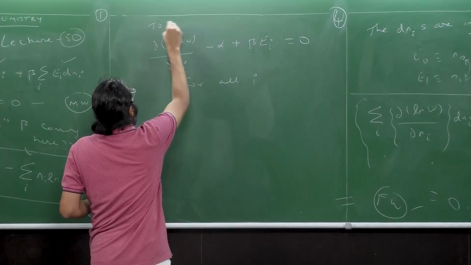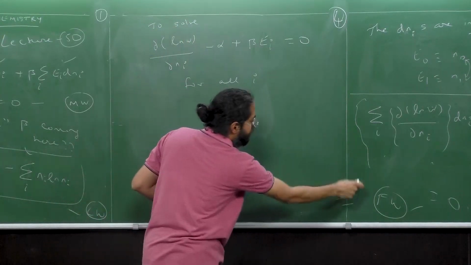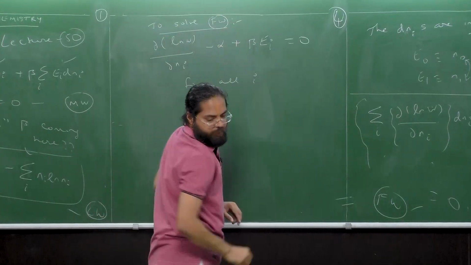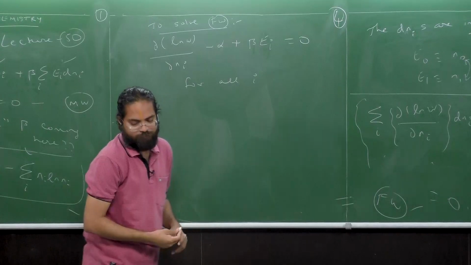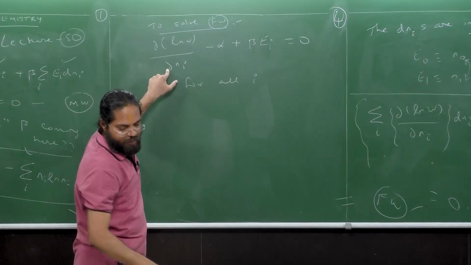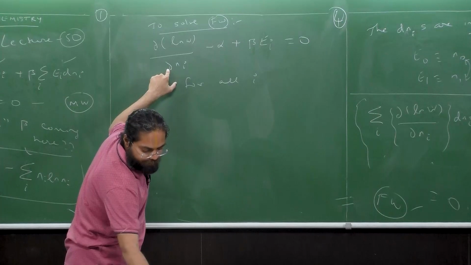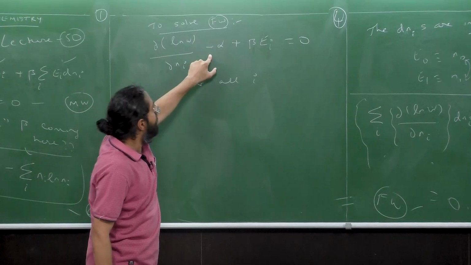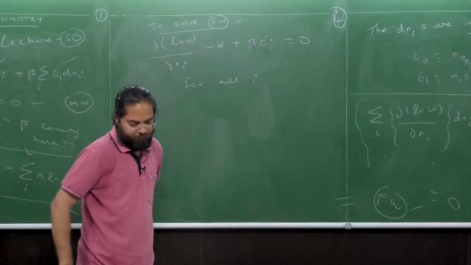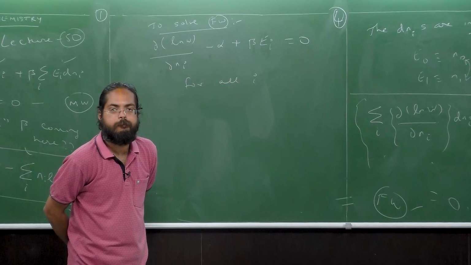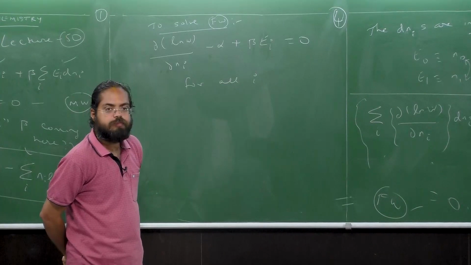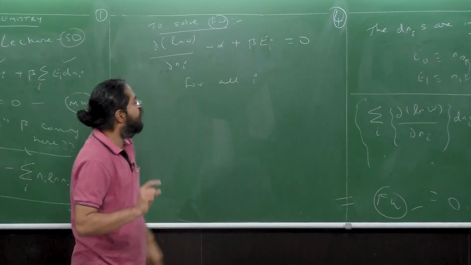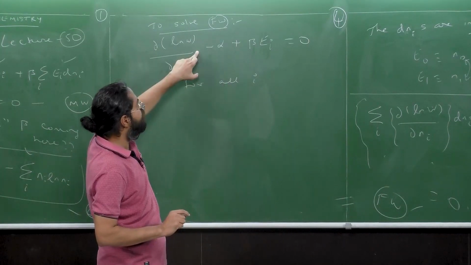This is to solve this equation FW. This particular condition should be met. What am I talking about? This expression, dou ln W by dou Ni minus alpha plus beta Ei, should be 0. Are we good? We're fine. So why is this valid? Because for each i, this should be 0.